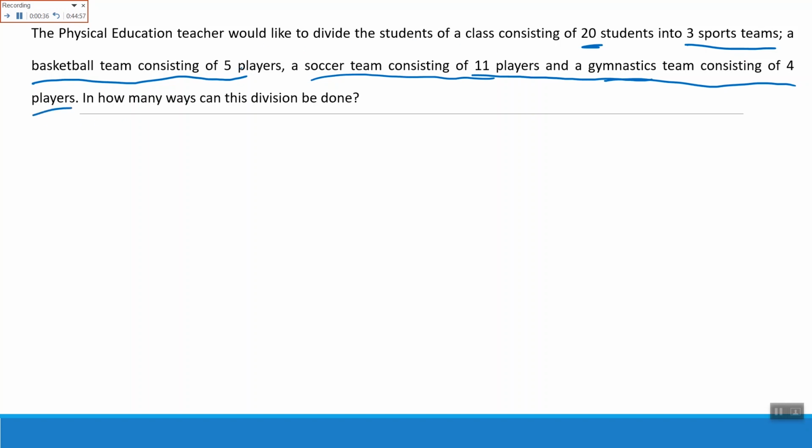So 5 and 11 is 16, plus 4, 20. In how many ways can this division be done? I want to choose 11, 5 and 4 from these 20 students. I'll leave this also as homework for you because I've solved a question like this.